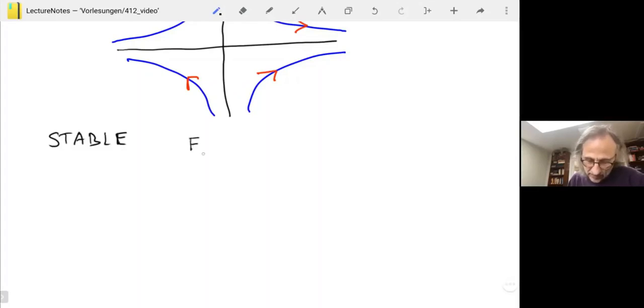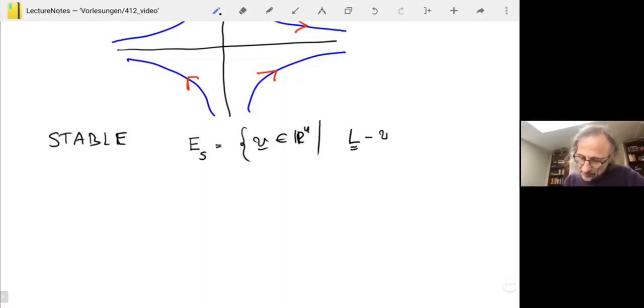The way to formulate it would be all the vectors in Rn, if our system lives in Rn, all those vectors V that have a certain eigenvalue.